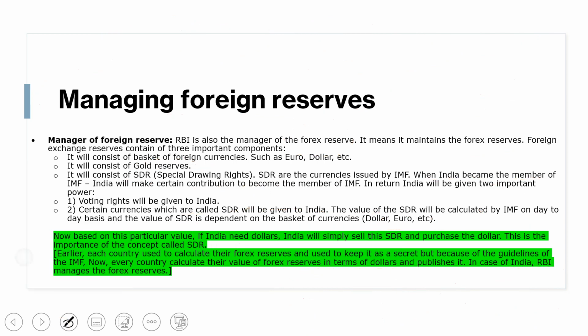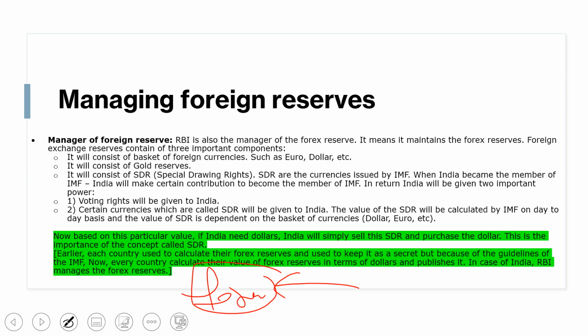Earlier all countries used to hide what kind of dollars they had stored in their reserves, so that rival countries, like China, would not know that India is facing a shortage of dollars and hit their economy. That would give another country a chance to hit us. That's why countries used to hide their forex reserves.